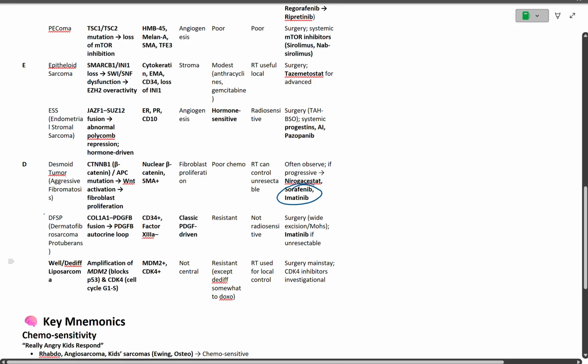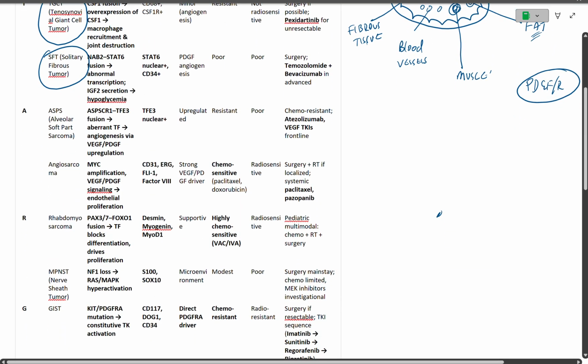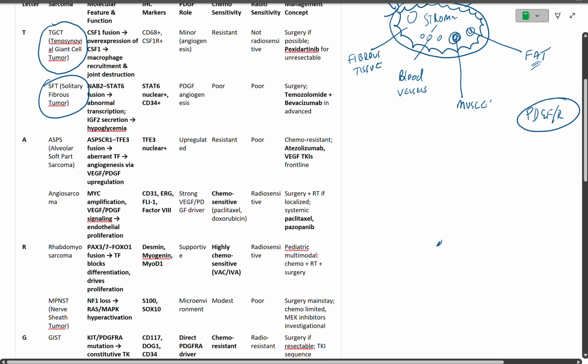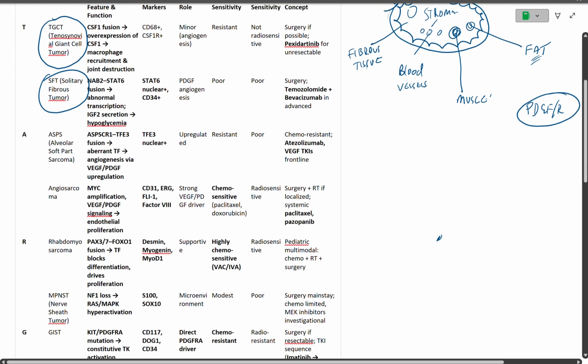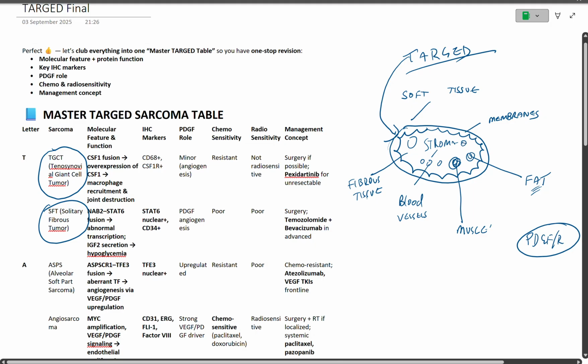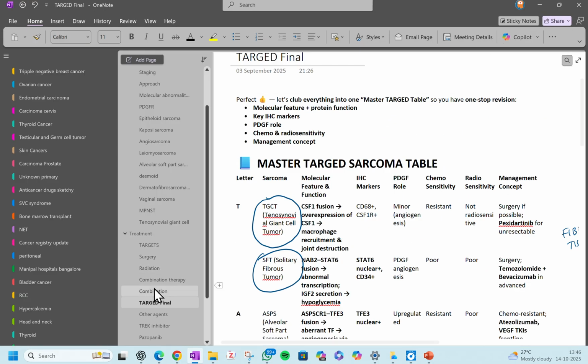We'll have a well or a dedifferentiated liposarcoma. And if you come to the blood vessels, you can have an angiosarcoma. If you come to the muscle, it is rhabdomyosarcoma, and if it is in the nerve sheath, you have MPNST, malignant peripheral nerve sheath tumor. Okay, so that's how you will conceptualize it.